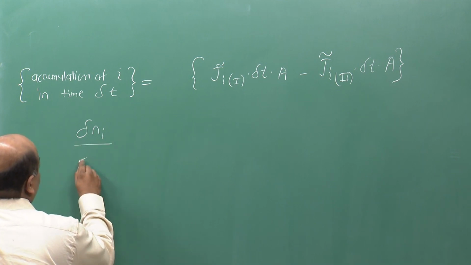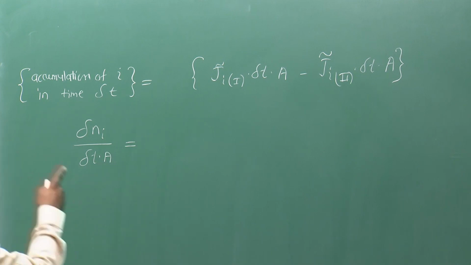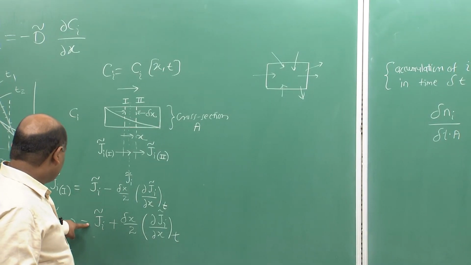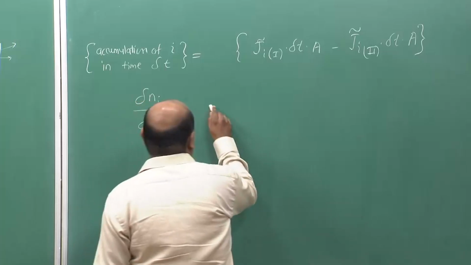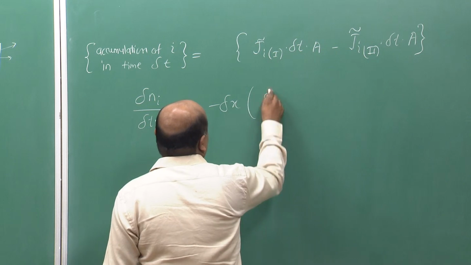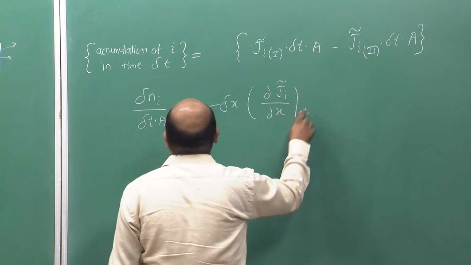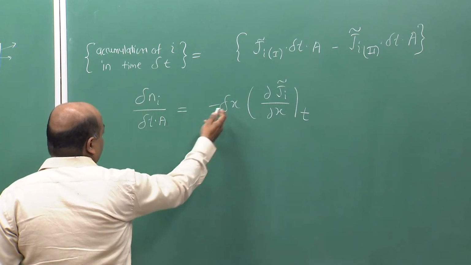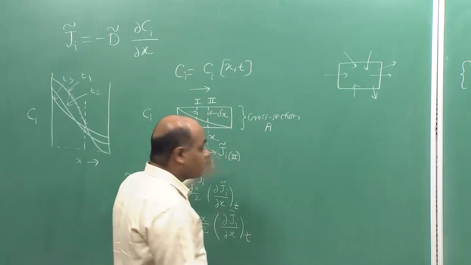So, I write accumulation of I in time delta t, let us denote it by delta n I, divided by delta t times A should be equal to, if I substitute for J I tilde at 1 and 2, this minus this. So, this will get cancelled, and so I get minus delta x times dou J I tilde by dou x at time t, and A times delta x is nothing but the volume of the element that I am considering.